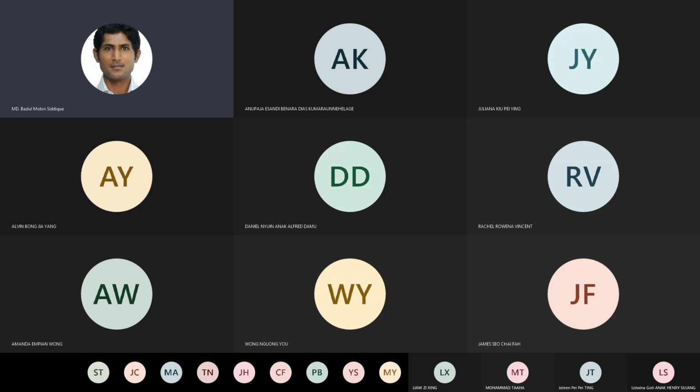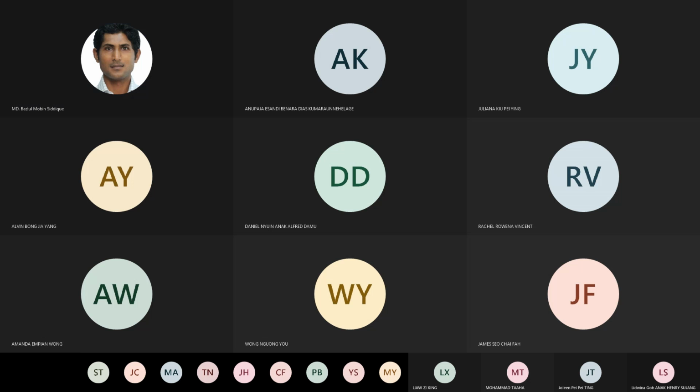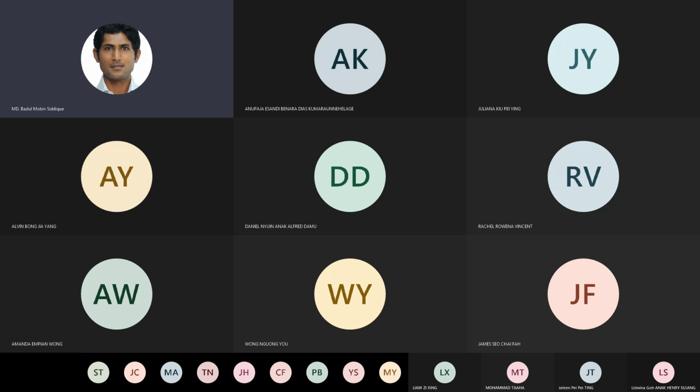Faster. 15. 4, 12. 10 seconds. Faster, faster, faster. 5 seconds.